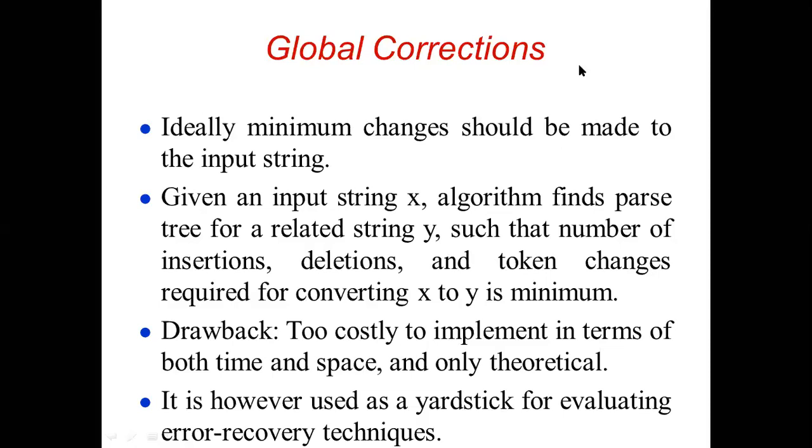There is a requirement of memory space as well as a big time requirement for handling such corrections. So we cannot implement such a global correction criterion, because it is too costly.